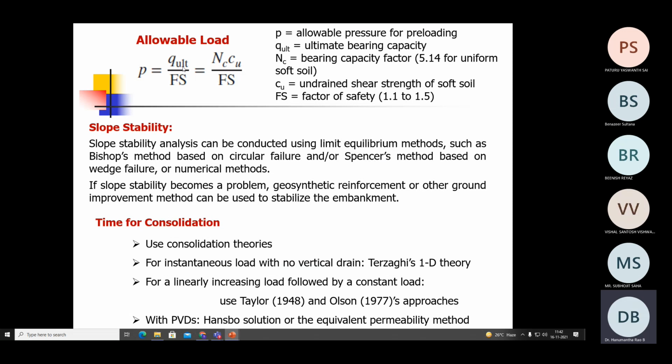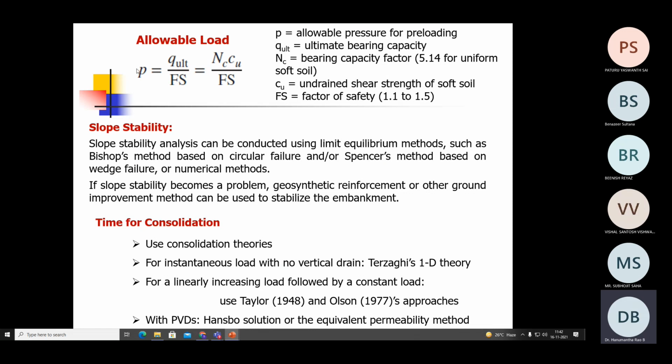Your Q ultimate is nothing but C Nc, where C is the undrained cohesion, Nc is the bearing capacity factor, which is typically 5.14 for uniform soft soils, and the factor of safety is typically 1.1 to 1.5. So simply measure the undrained shear strength, put it in this equation, and it gives what should be the surcharge load that should be applied instantaneously at the beginning.